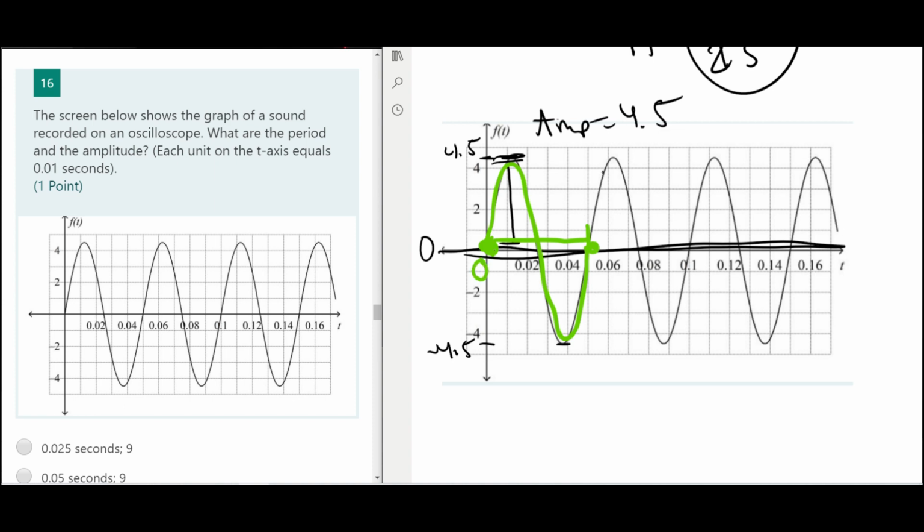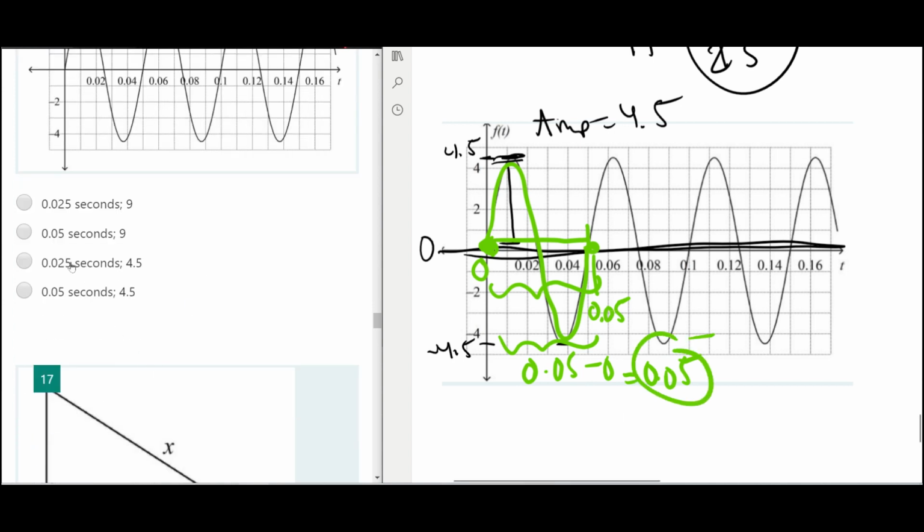The distance between 0 and this point is 0.05, so 0.05 minus 0 is 0.05. So my period is 0.05, and that's all they're looking for: a period of 0.05 and an amplitude of 4.5.